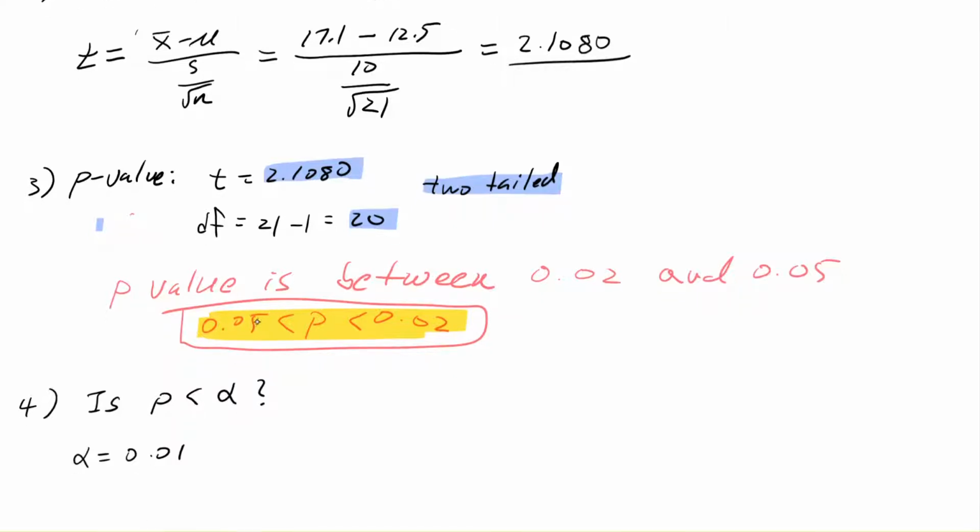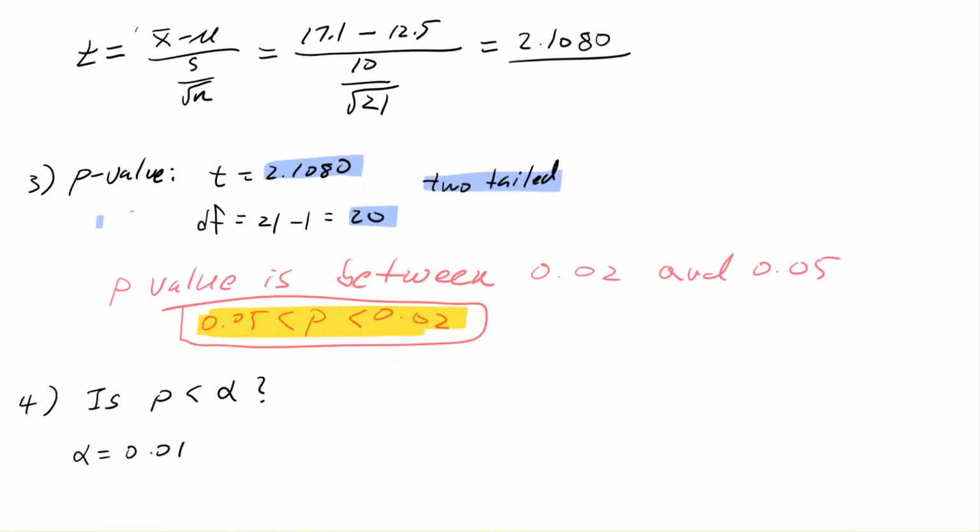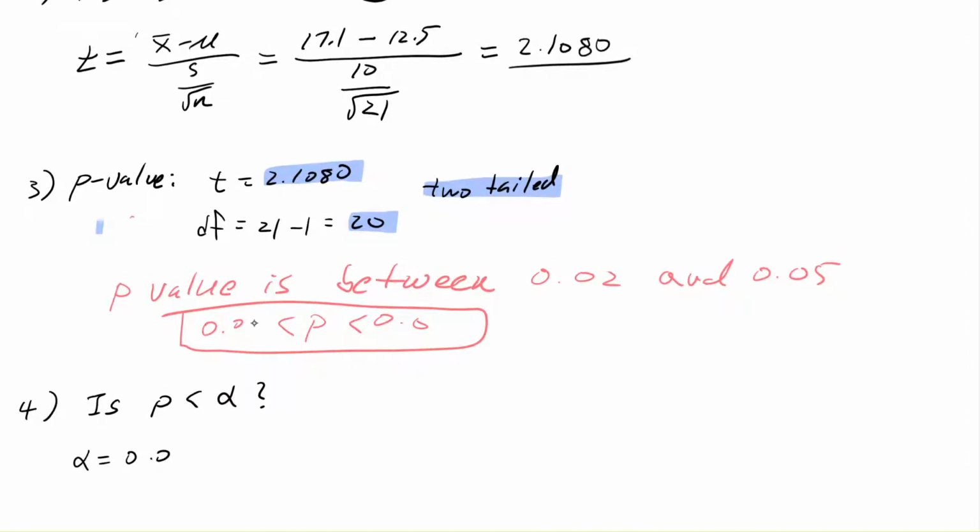I meant to write 0.02 and 0.05; I wrote it backward. So whatever the actual p-value is, it is always greater than 0.02. And 0.02 is greater than 0.01, which is the alpha given in this problem, because p is always greater than 0.02 according to our test statistic and the t-table.